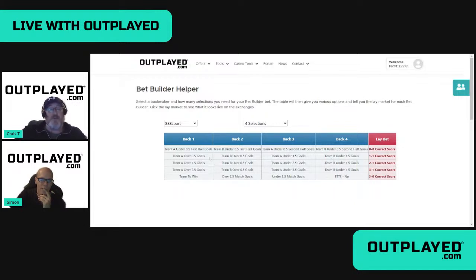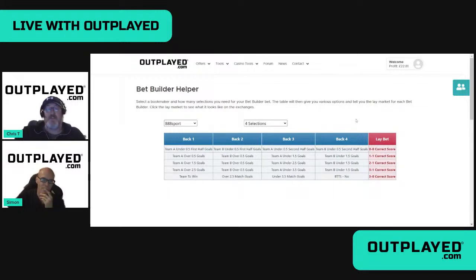Because they've got to score over 0.5, so they've got to score a goal, but they can't score more than 1 goal for back 3 to come in. So all we need to be doing is laying a correct score of 1-1 on the lay markets.